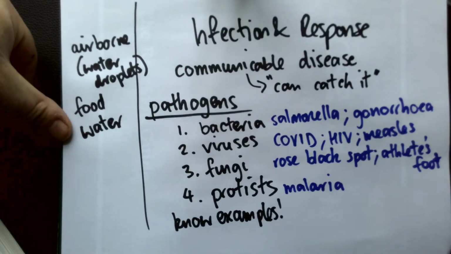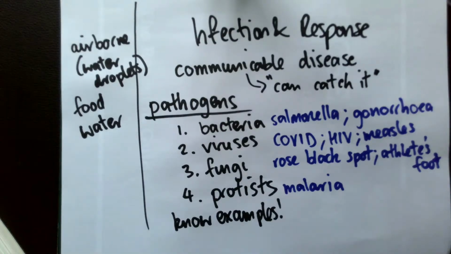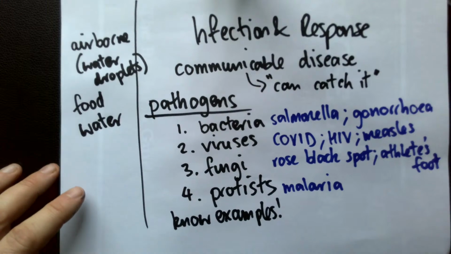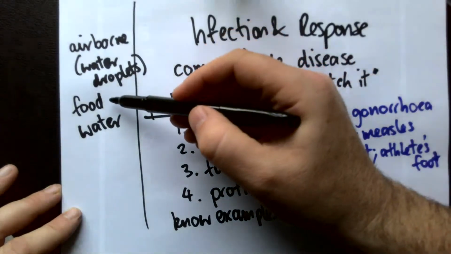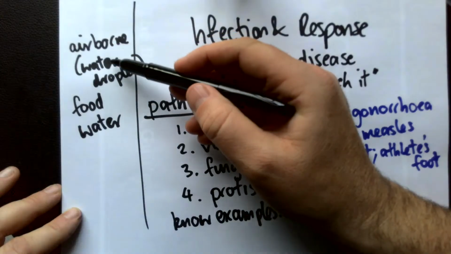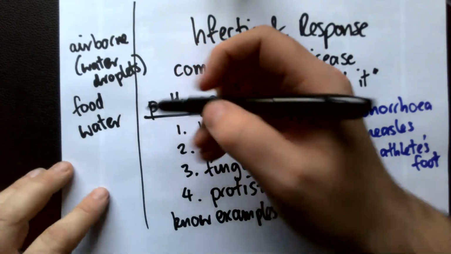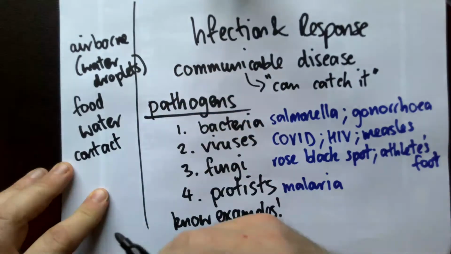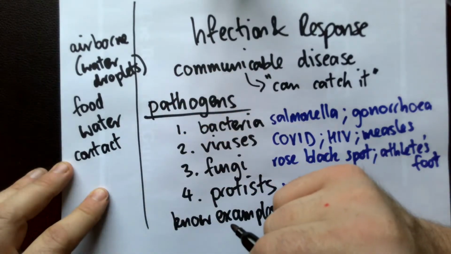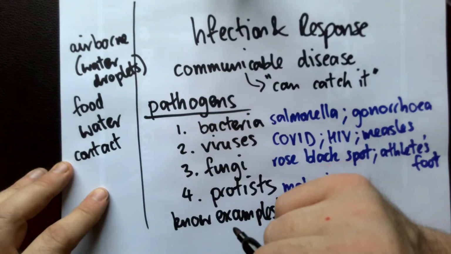Otherwise, things like cholera could rise up and infect the water, and that sort of secondary disease can harm a lot of people in the area. So there's contaminated food and water. Airborne is water droplets. There's direct contact, and that also covers sexually transmitted disease.